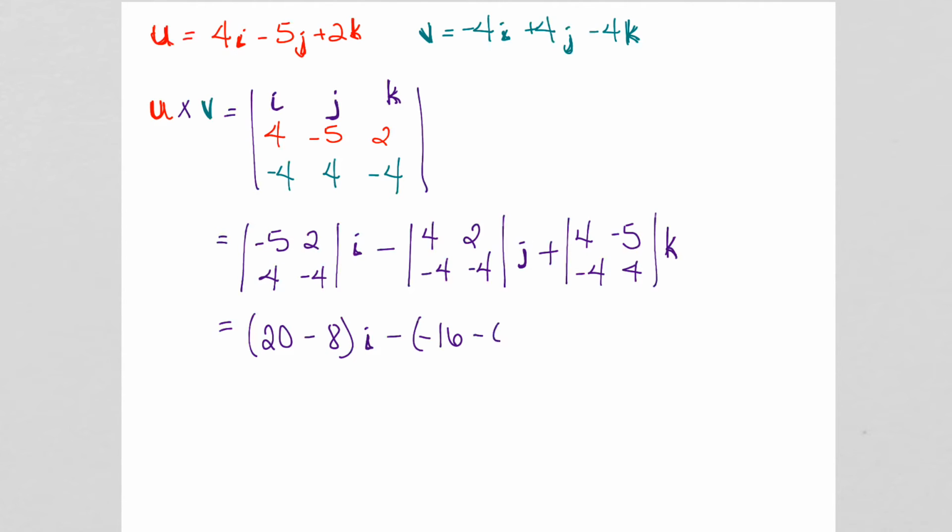Minus 2 times negative 4 is negative 8. 4 times 4 is 16. Minus negative 5 times negative 4 is 20. That gives us 12i minus 8j plus 4k.